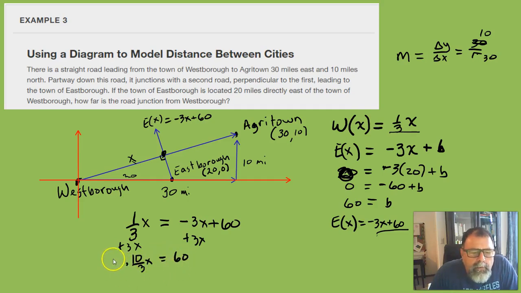Then times the reciprocal. 3's cancel, 10's cancel. So x equals 180 divided by 10, which is 18. So if x is 18, then you can plug it into here, and y would be 6.